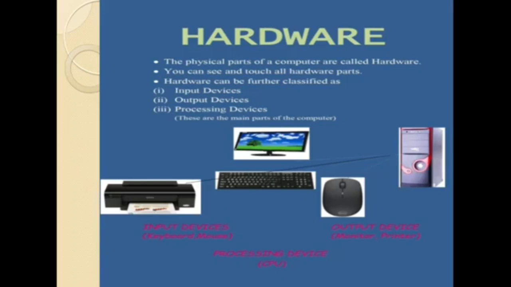Without the CPU, the monitor will not work. So these things are the main parts of the computer. I already told you the physical parts of the computer that we can see and touch are called hardware.